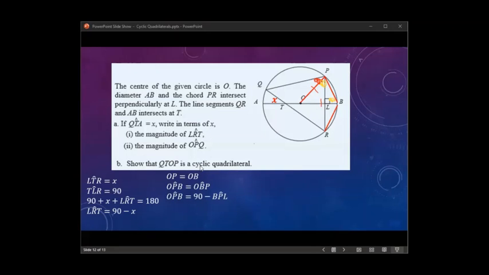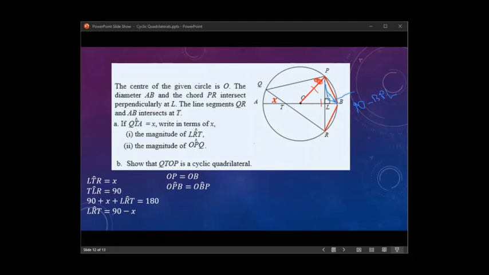Then we can write, before that I'll mention another thing. You can see this OBP angle, considering this triangle, this OBP angle is equal to 90 minus BPL, right?